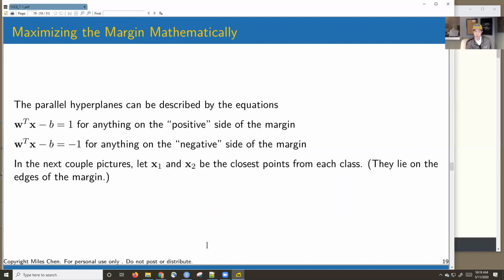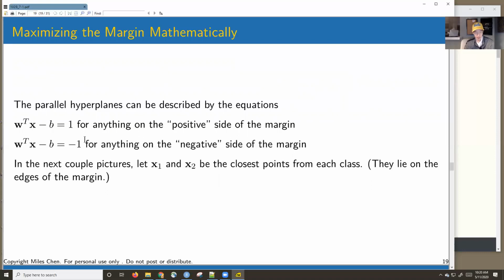All right, so the parallel hyperplanes can be described with the equations such that w transpose x minus b is equal to 1 for everything on the positive side of the margin, and w transpose x minus b is equal to -1 for anything on the negative side of the margin.